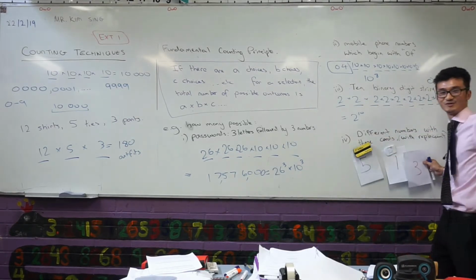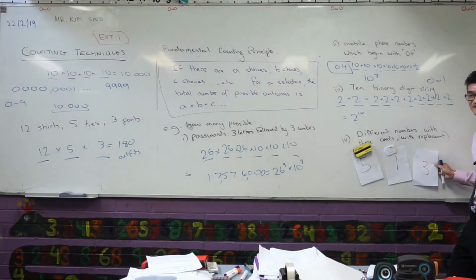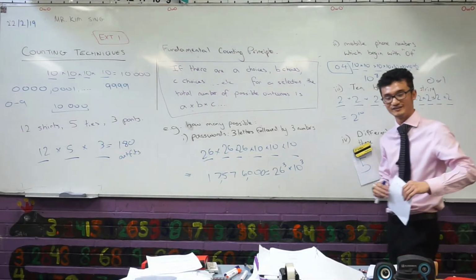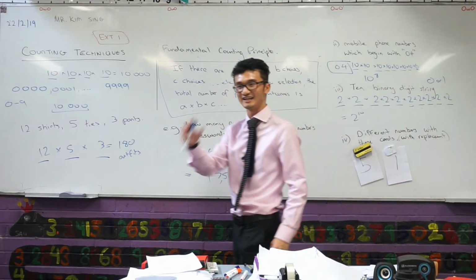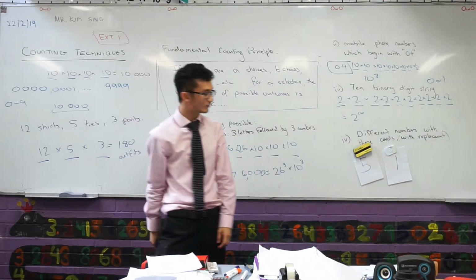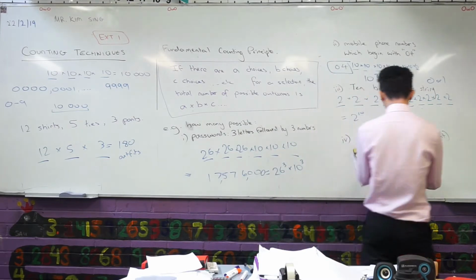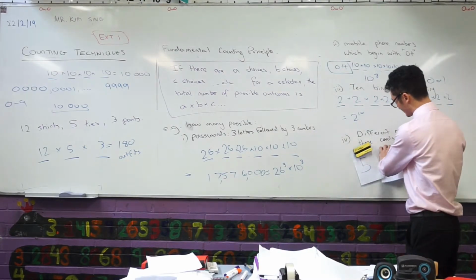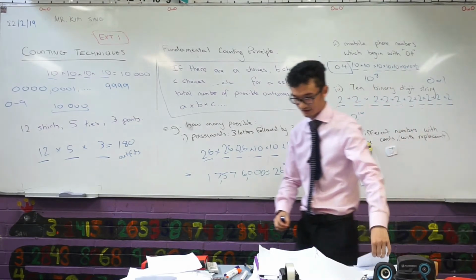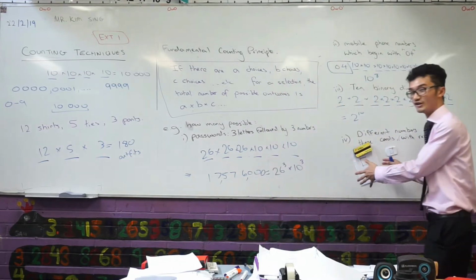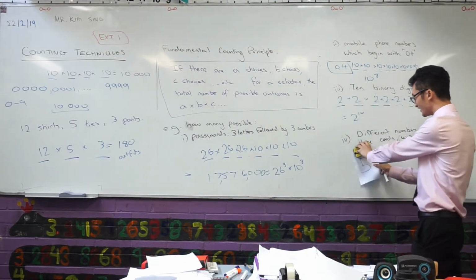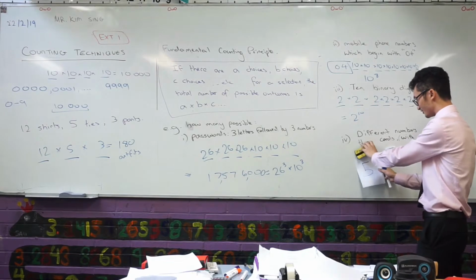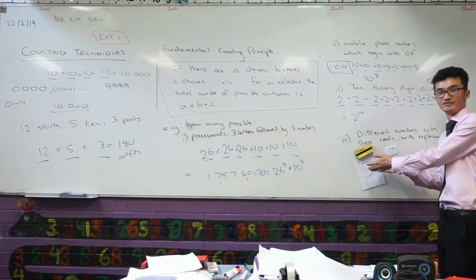This word, with replacement, what does that mean though? You've seen it in probability. When you think about probability, when you're taking things out of a bag, you put it back in. What would that imply for this situation? Because these are physical cards, if I don't get another one, I've used up my 5 card.